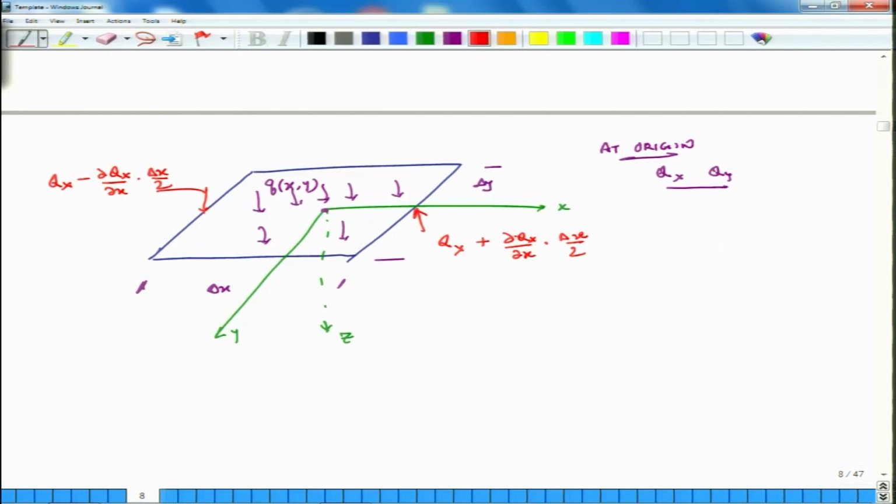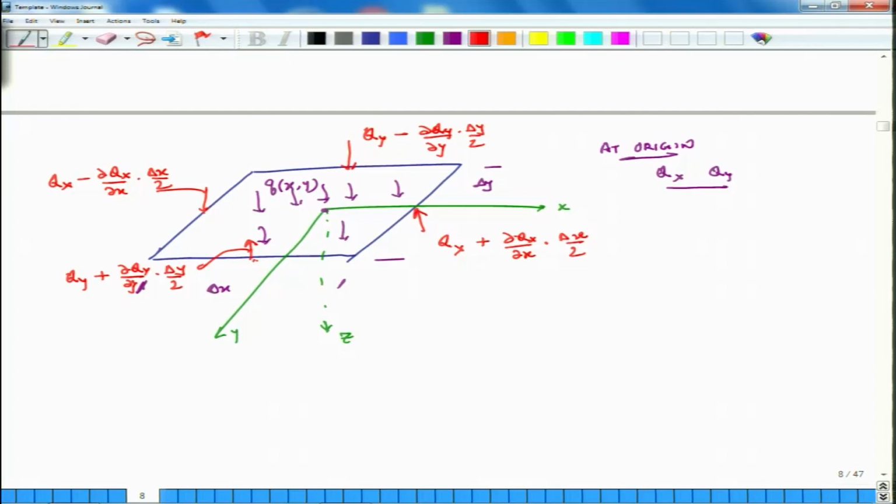Taylor series expansion, and on this plane I have qy plus del qy over del y times delta y over 2, and on the other plane I have qy minus del qy over del y times delta y over 2, okay.